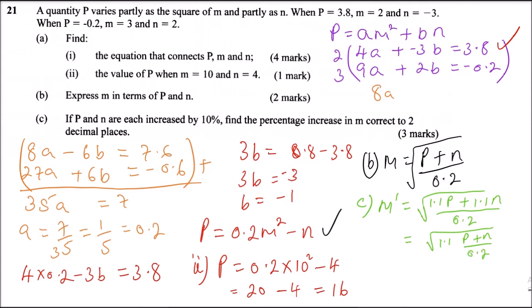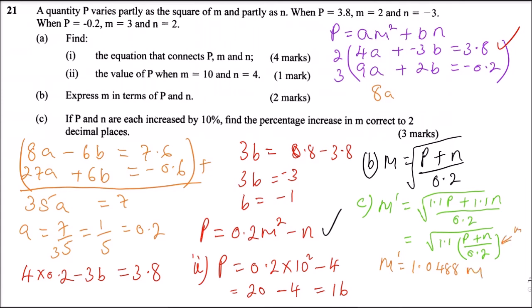So here you note that this is our old m. So our new m is the square root of 1.1 times the old m, that is 1.0488 of the old m.